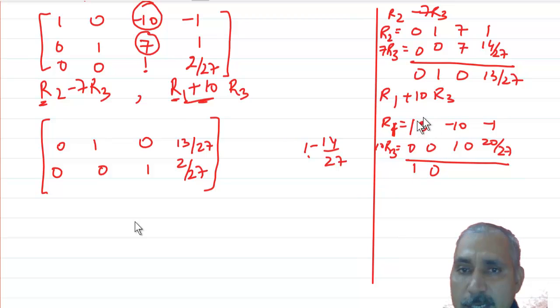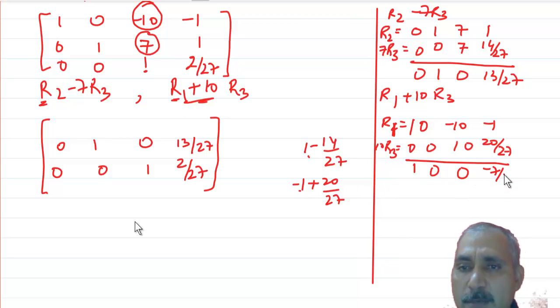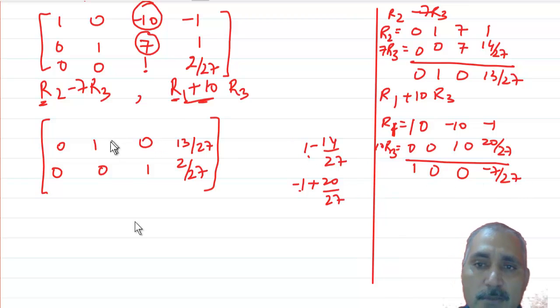Here we are adding actually, so it will become 0, and minus 1 plus 20 upon 27. 27 1 is 27, minus 27 plus 20, it will become minus 7 upon 27. So we got the answer as 1, 0, 0 and minus 7 upon 27.